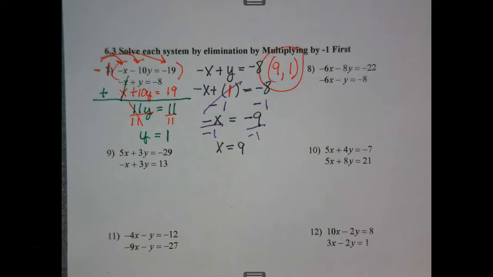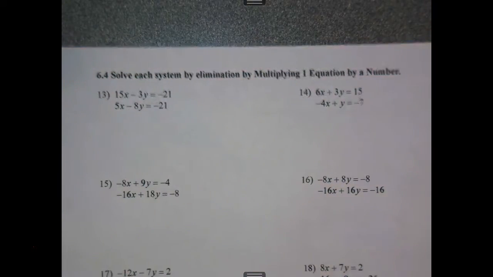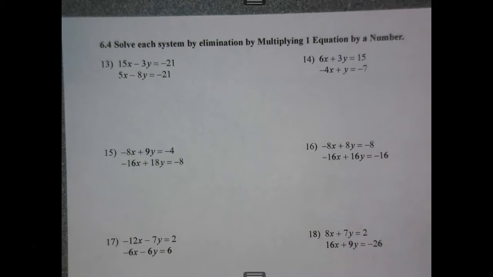Multiply by negative 1 first. 6.4 got a little harder. In 6.4, you had to multiply one of the equations by a number in order for one of the variables to eliminate.